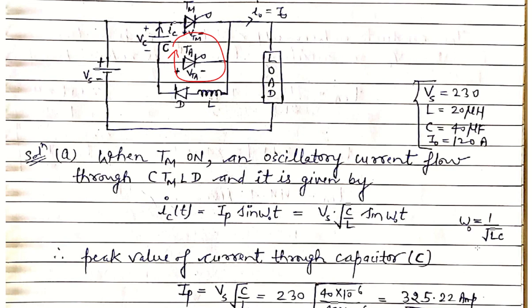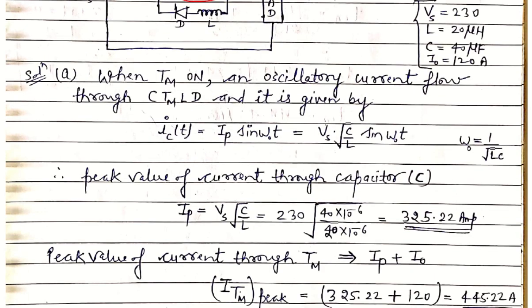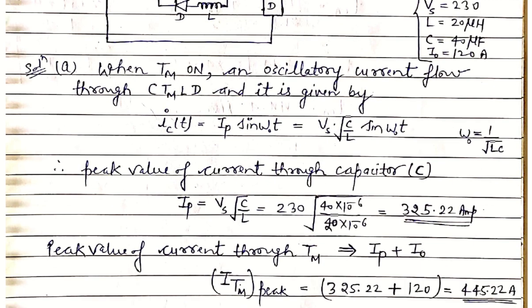Omega naught is 1 by root LC. So the peak value of current is Vs root C by L. Putting in the values of Vs, C and L, you can calculate IP to be 325.22 amperes. This amount of peak current will be supplied by the capacitor, and it is sinusoidal in fashion.